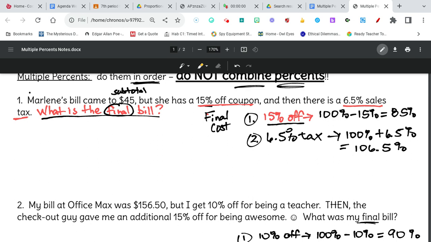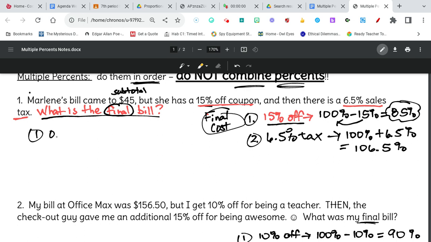She has a 15% off coupon, which means that if we're looking for final cost again, I have to take a look at what she's actually going to pay. If they're taking 15% off, they're taking 15% off of 100, which means she's only going to pay 85%. So she's going to pay 85% of that $45 bill. So I'm going to do that step right now.